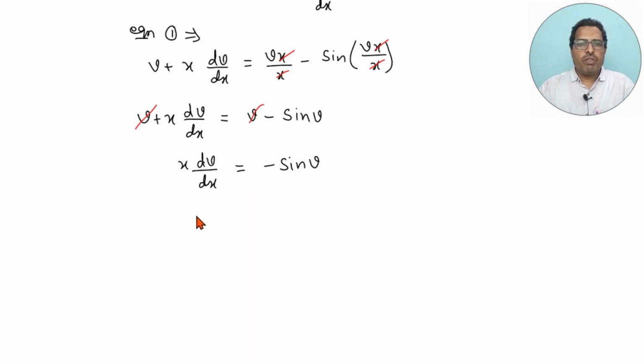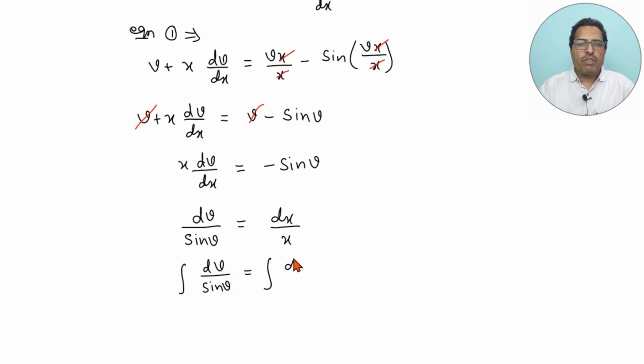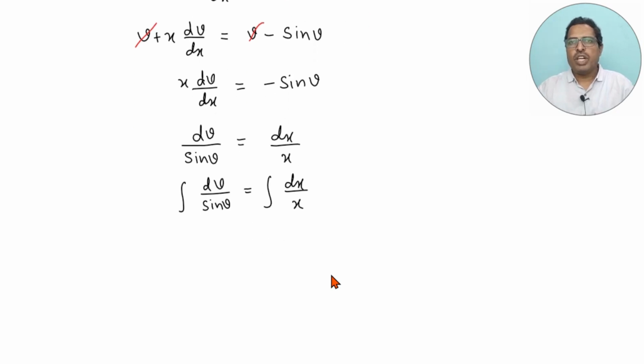Now let us try to separate the variables. We retain dv as it is, send sine v to the other side, so it becomes dv divided by sine of v equals, cross multiplying dx to the other side, dx by x. Now we see that this is in variable separable form, therefore we can integrate on both sides.